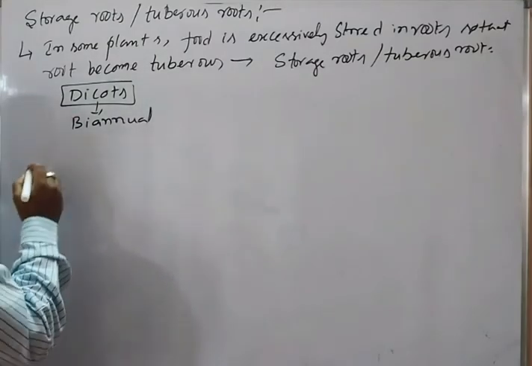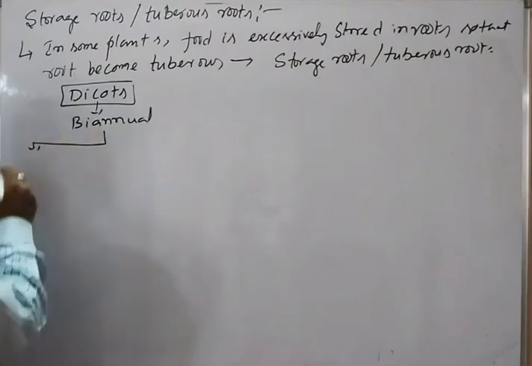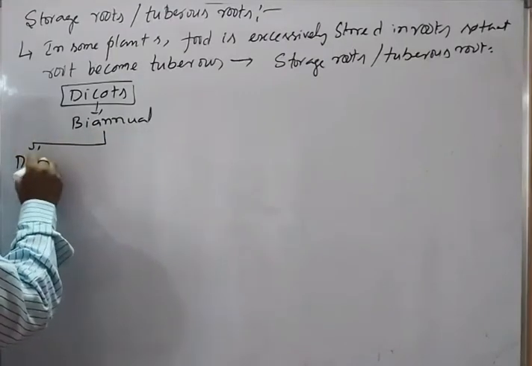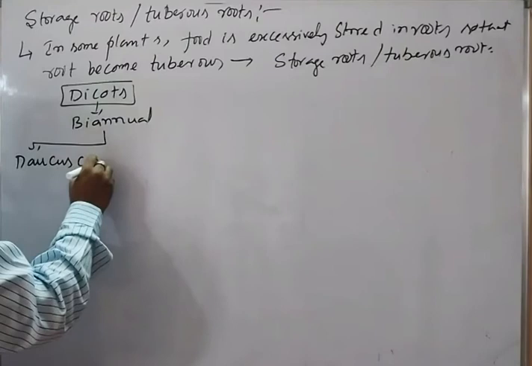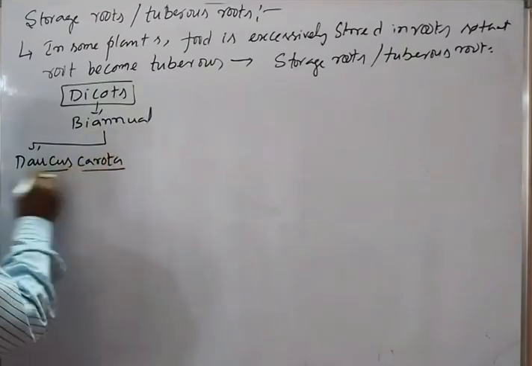We have some examples like Daucus carota, that is carrot.